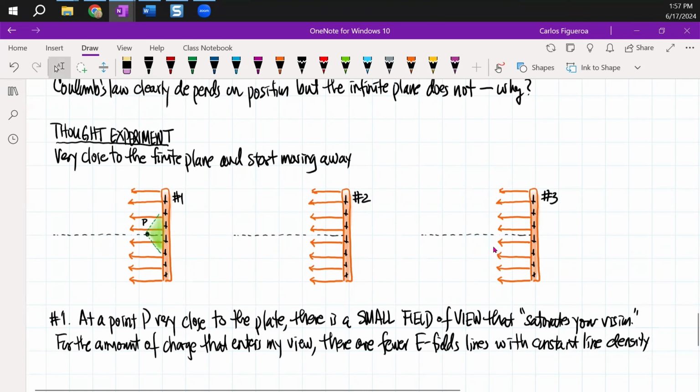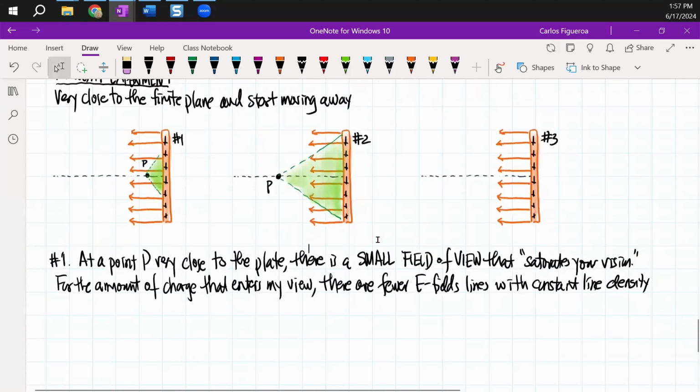The line density is still the same. So now I'm going to move farther back. Let's say I'm right here at this point P. Now my field of view has grown. In most cases, if I move away, my line density decreases. But that's not the case here.